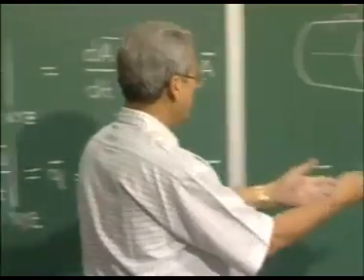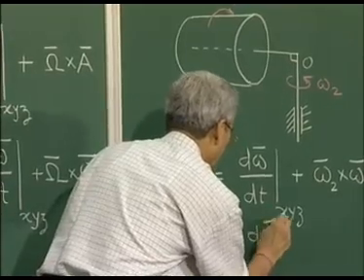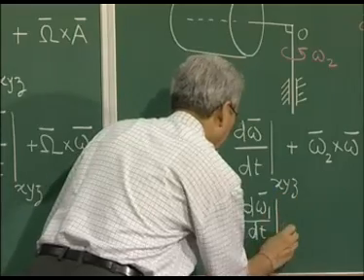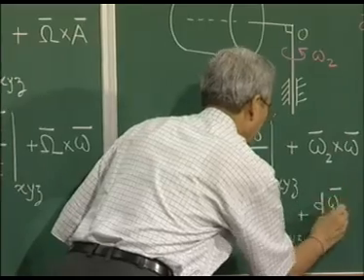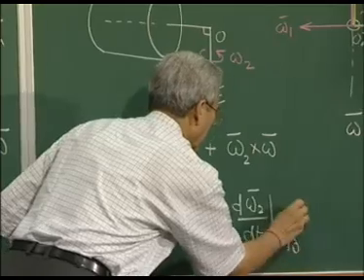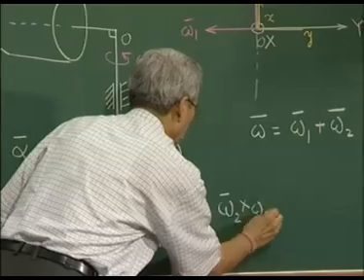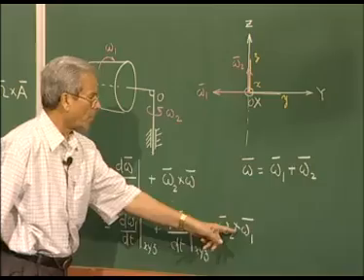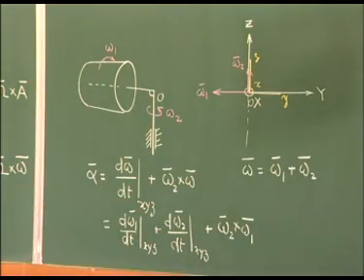So, substituting this here, we get, because omega 2 cross omega 2 is 0. So, what remains there is only omega 2 cross omega 1.